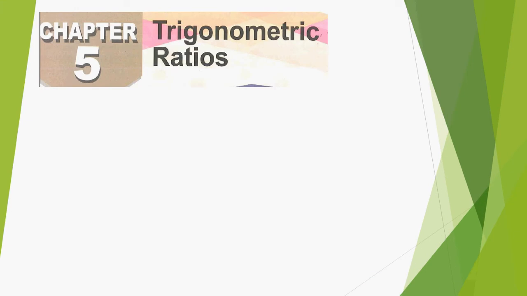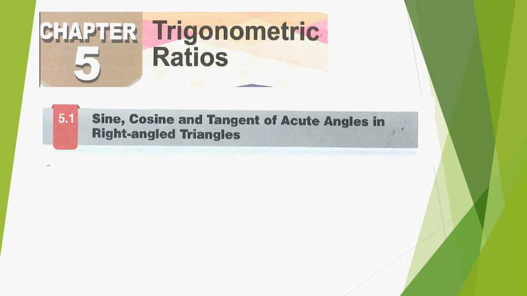Okay, today I'm making a video for the next part of trigonometric ratios. The previous video is 5.1 part 1 about the subtopic 5.1 sine, cosine and tangent of acute angles in right angle triangles.